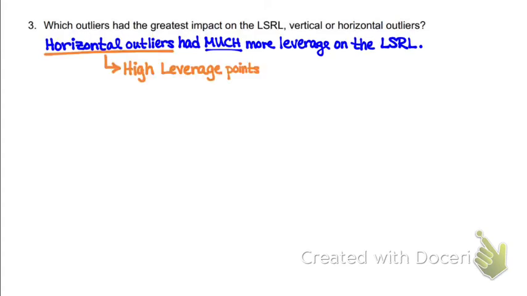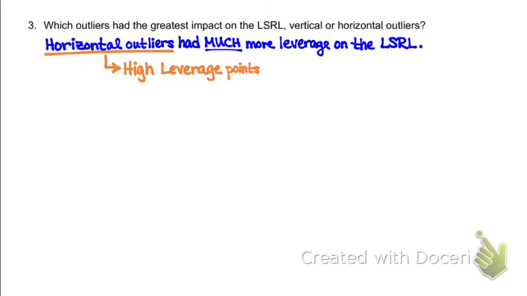We call our horizontal outliers high leverage points. If you think about that center of gravity, x bar, y bar, the average of x, the average of y, kind of as the fulcrum. Horizontal outliers, if you think about a teeter-totter, the further out one person is, the greater the impact of their weight.